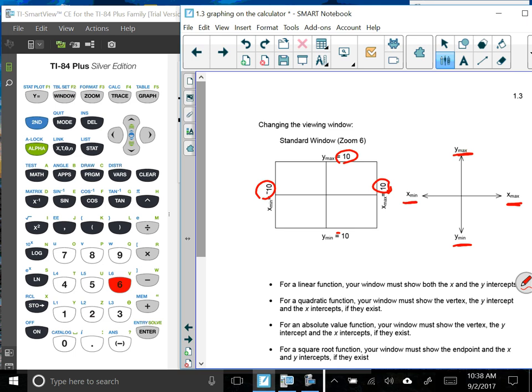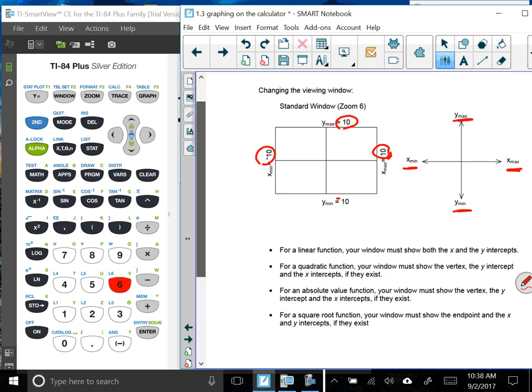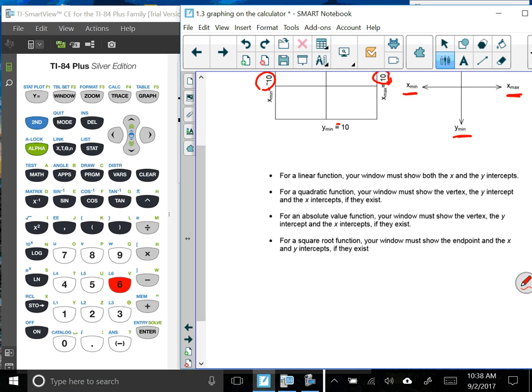But for many graphs, you're going to need to change that window so you can see the important critical features of the graph, right? So right here is a list of the critical features that we want to see when you're looking at a graph on our calculator. If you have a linear function, you have to see both the X and the Y intercept.